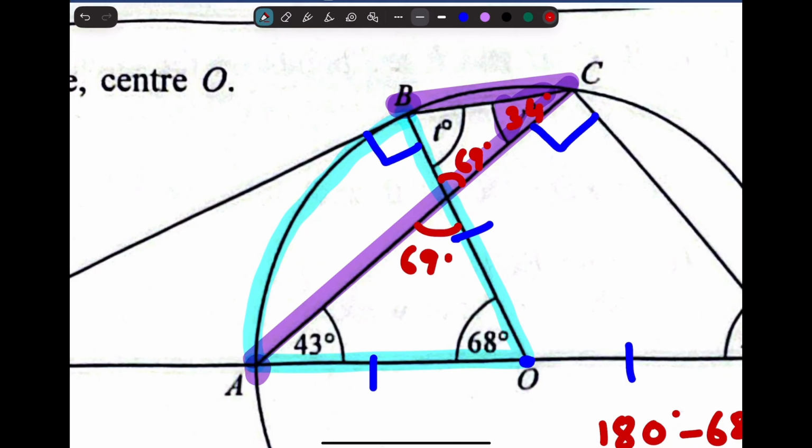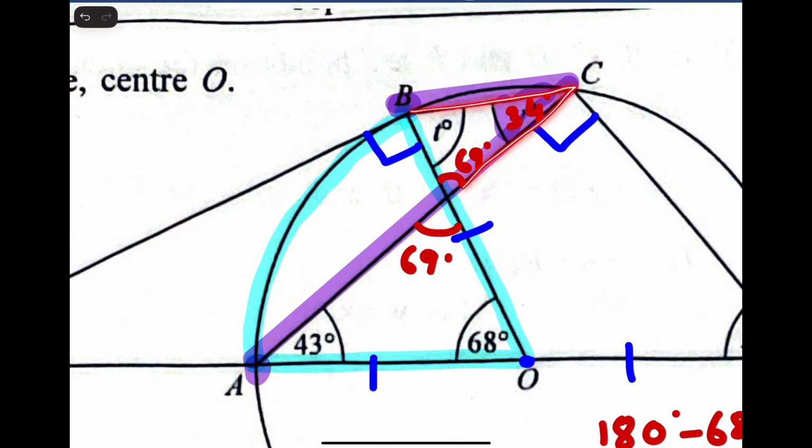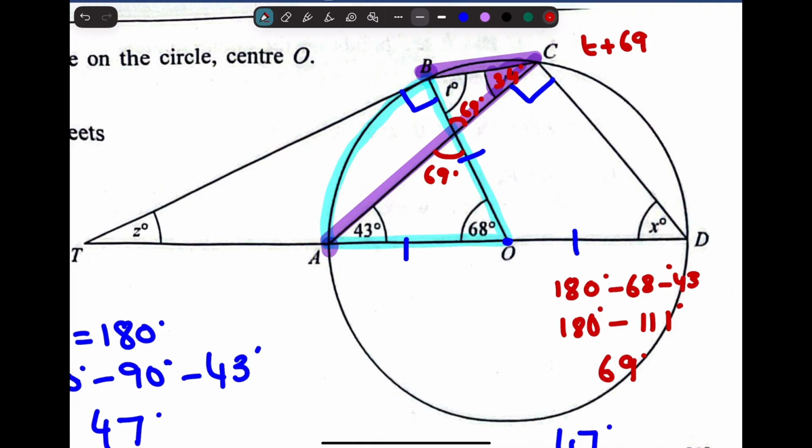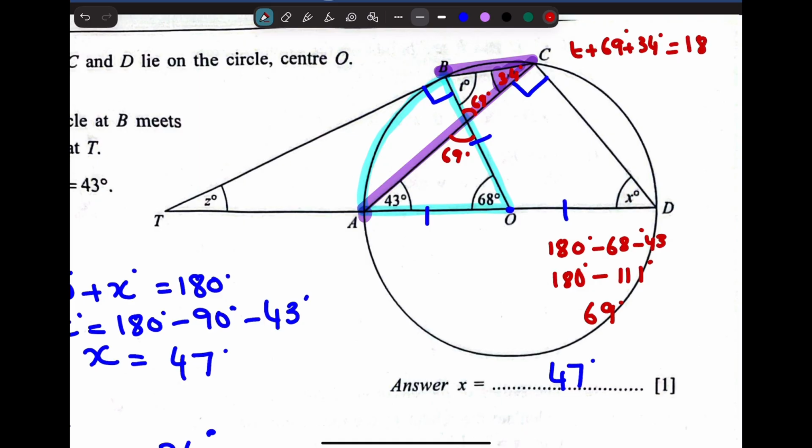So if we focus on this triangle, this is 34, this is 69, we can figure out t. So t plus 69 plus 34 should be equal to 180, right? So t is going to be 180 minus 103. So t is 77 degrees.